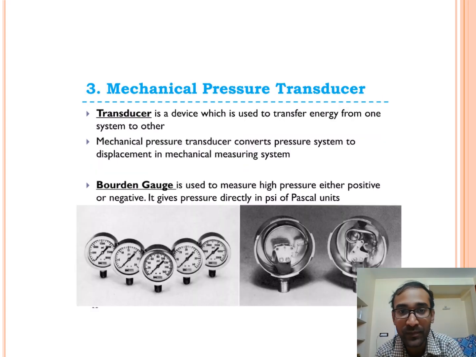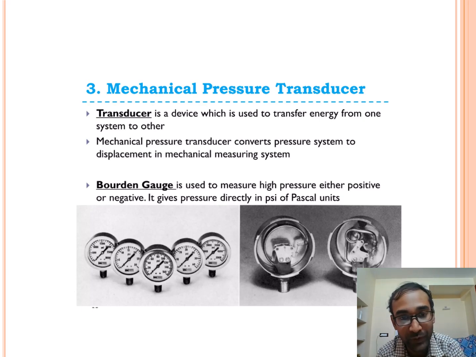Another is the mechanical pressure transducer. A transducer is generally used for industry purposes. It is a device which transfers energy from one system to another. A mechanical pressure transducer converts the pressure of a system to a displacement in a mechanical measuring system.